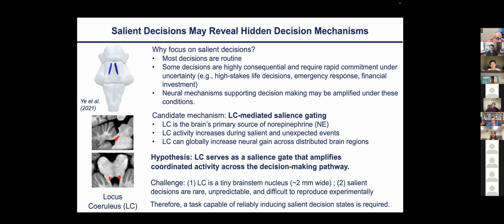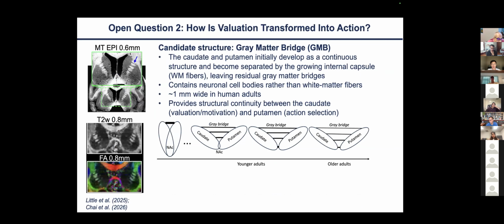So this is the first question we want to answer for decision making, one mechanism we want to study. And the second question we want to answer in this study is how valuation is transformed into action. As I introduced in the first slide, you can understand decision making as different stages, for example, from evaluation to action selection, and then outcome processing.